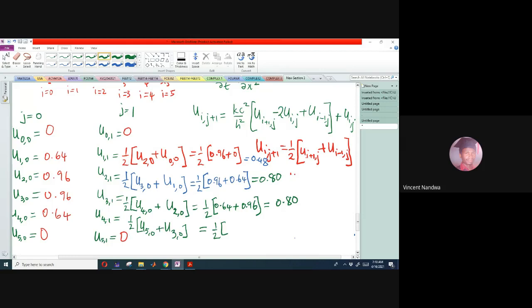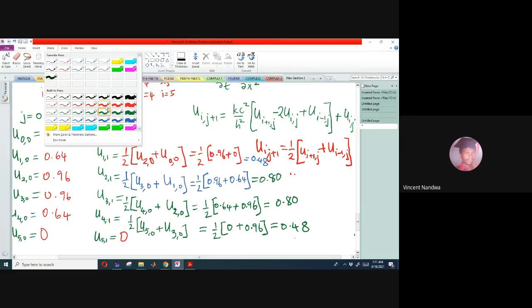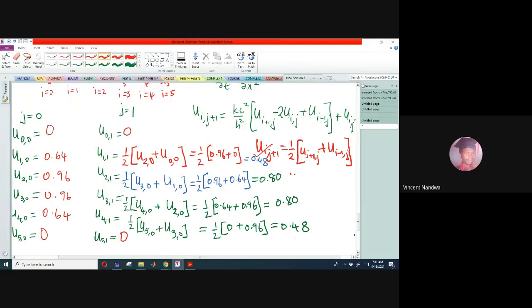Replacing in the values, we have 0 plus 0.96. This will give us 0.48. So those are the values for j equals to 1. So these are the answers.